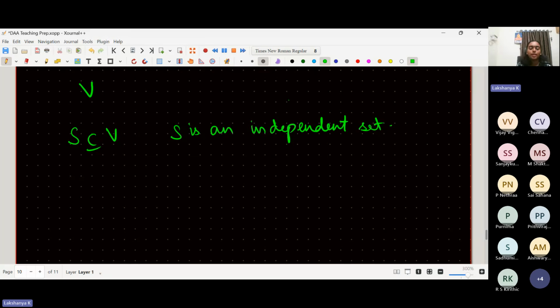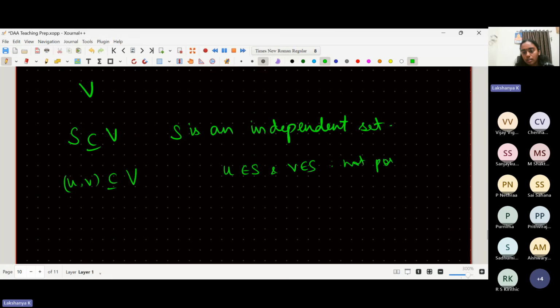How we can do this is, you take any two vertices u, v from your original graph. Now both of these cannot be in S at the same time, right?